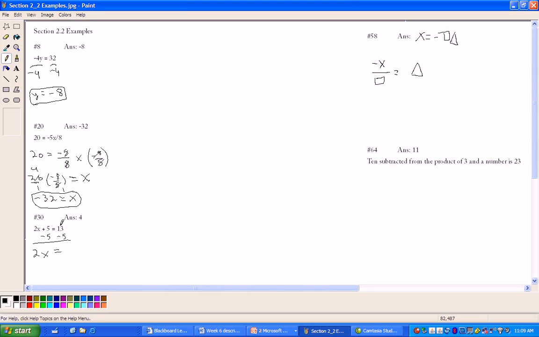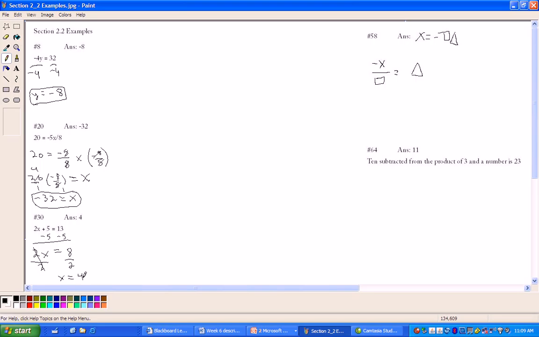Now we want a 1 in front of the x. The way to get rid of that 2 is to divide both sides by 2. 2x divided by 2 is 1x, and 8 divided by 2 on the right. We end up with x is equal to 8 divided by 2, which is 4. What do you know? That's our answer.